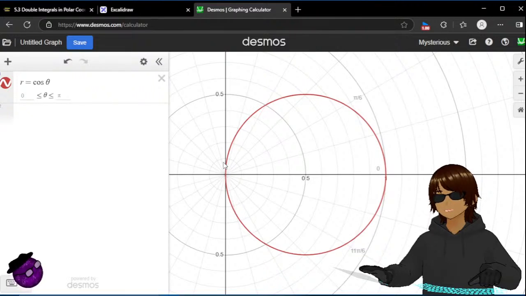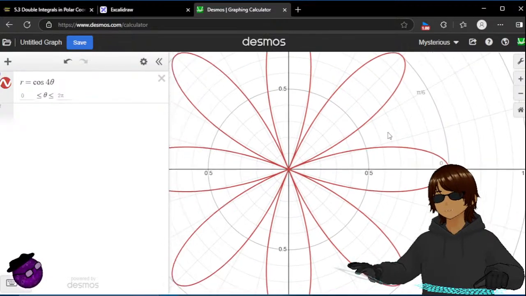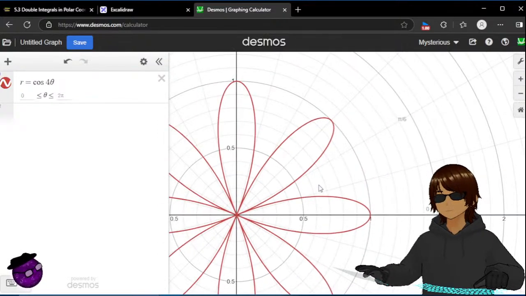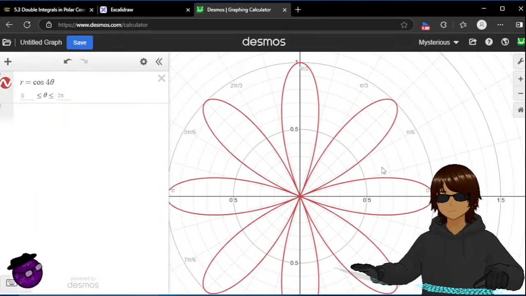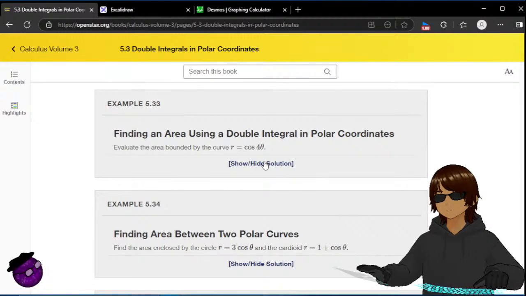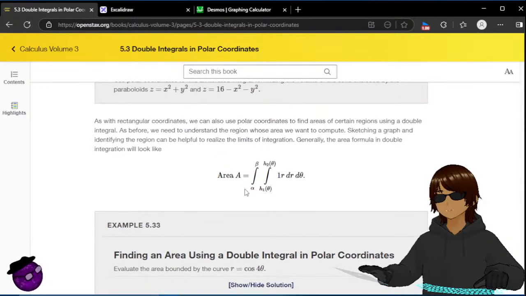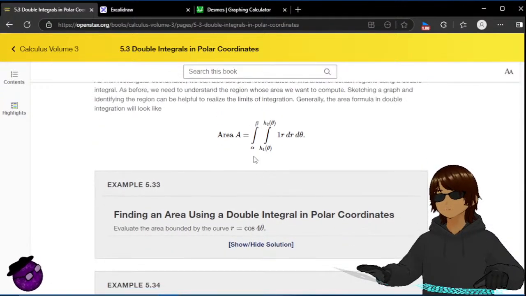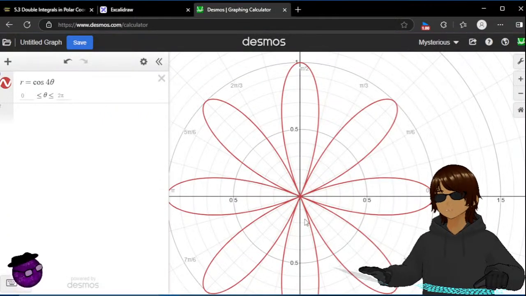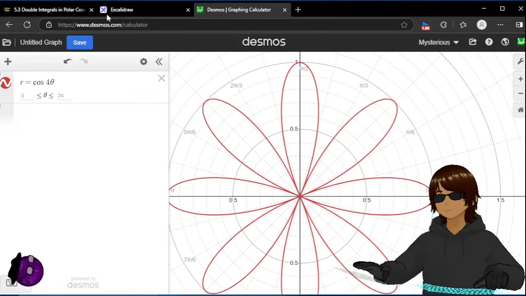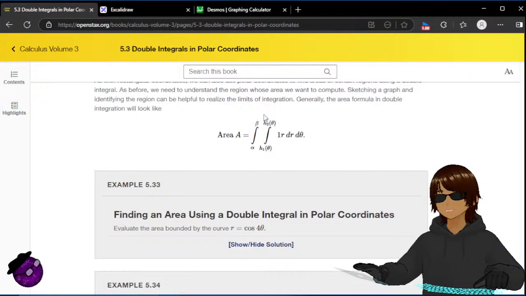So the radius is 0. So r is equal to cos 4 theta. So what's the alpha and beta values then? Is it bounded by the curve? Is it from 0 to 2 pi?